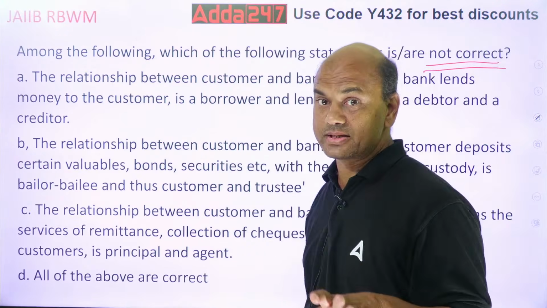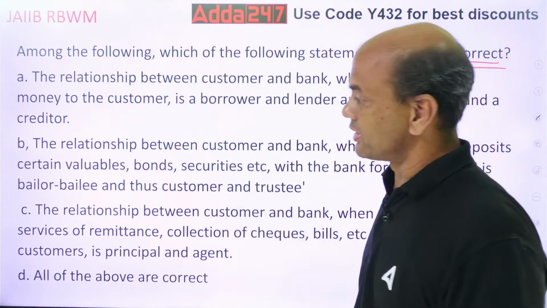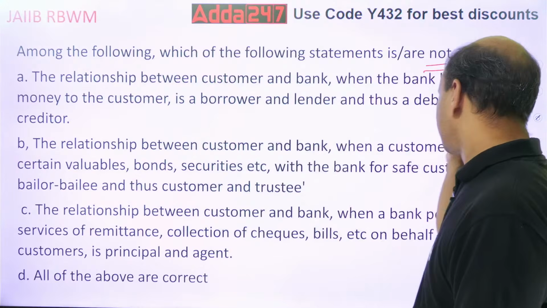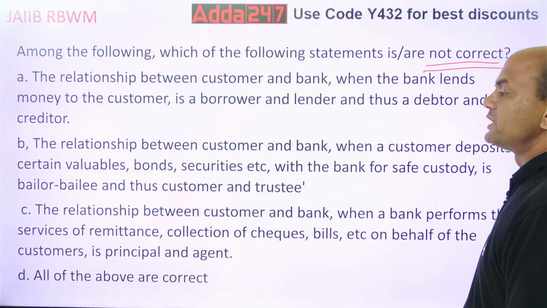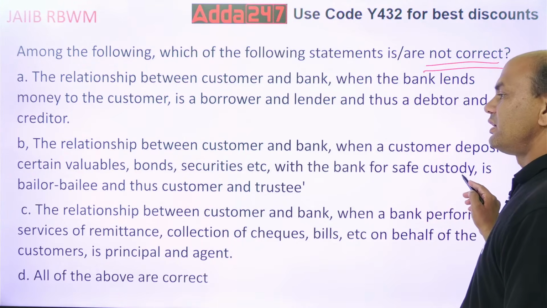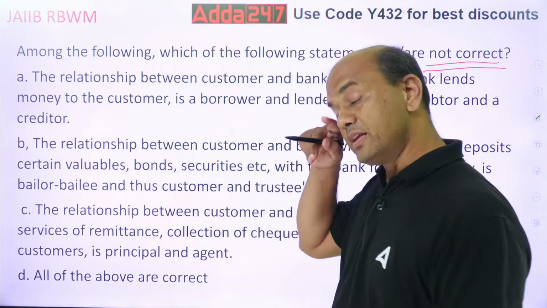Pay attention, the question is: not correct. The relationship between the customer and the bank, when the customer deposits certain valuables, bonds, securities, etc., with the bank for safe custody, is bailor-bailee, and thus customer and trustee.